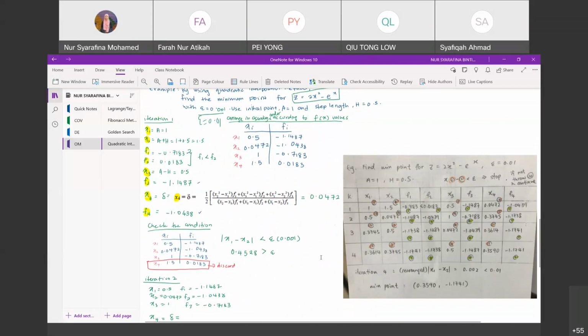Any question for this method? All right, we got the same answer. Okay, good. So now we are done with the quadratic interpolation method.